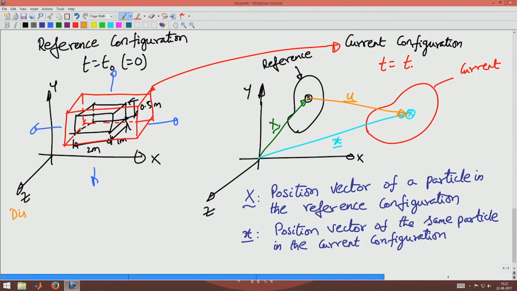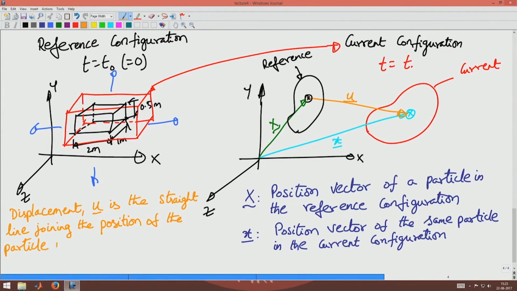Displacement u is the straight line joining the position of the particle in the reference and current configuration.